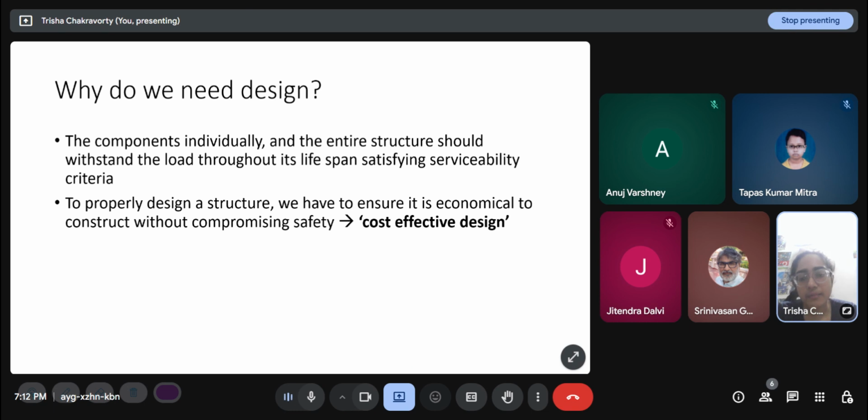The loads which we take during design are a kind of prediction, right? We cannot exactly say that this is the load that is going to come and it is never going to exceed that. There can be a very bad earthquake. Buildings collapse during a very bad earthquake because the engineers did not know that this kind of an earthquake was going to come. And if you assume the worst earthquake that has ever happened in the history in that region, you might need to over design all the structures a lot.